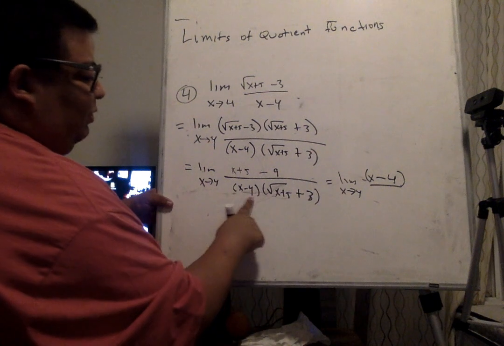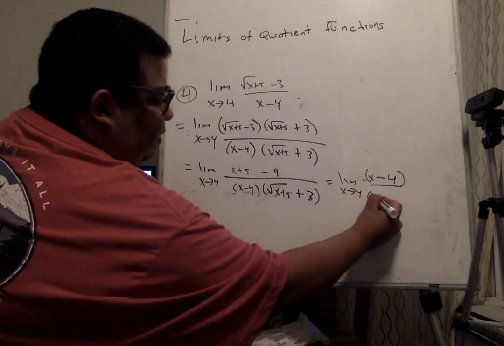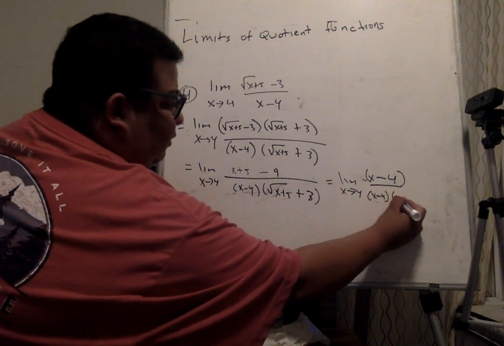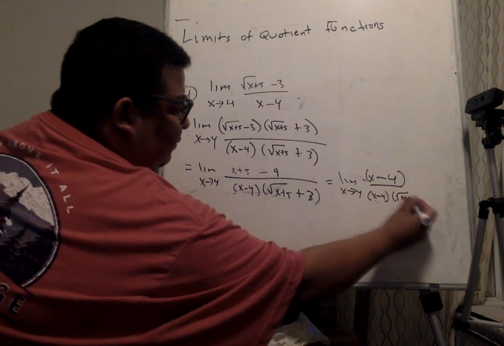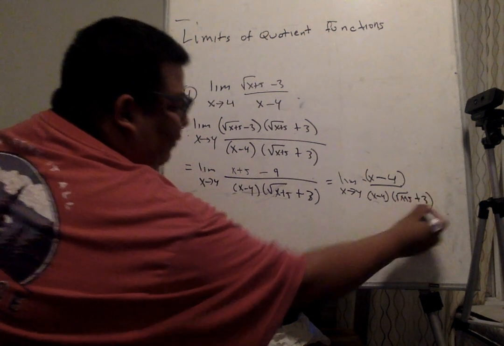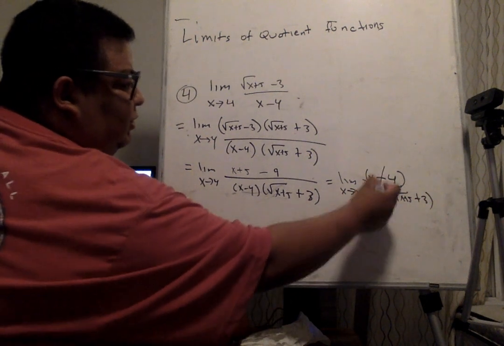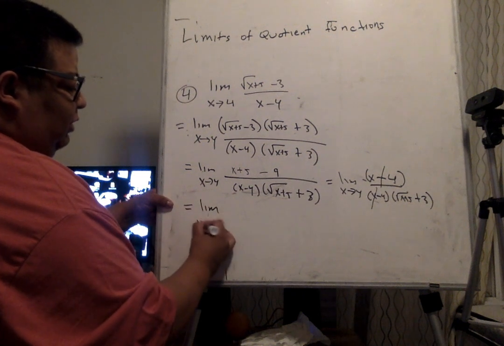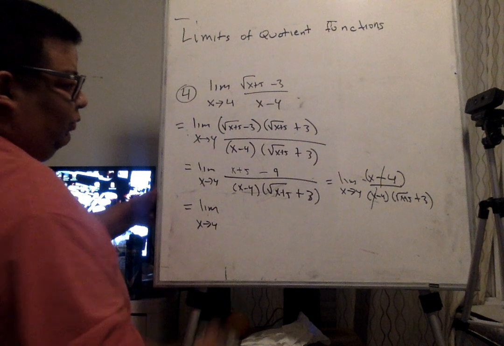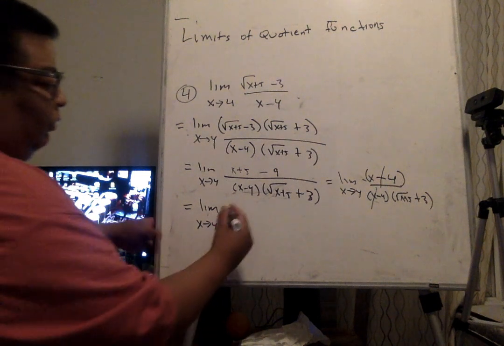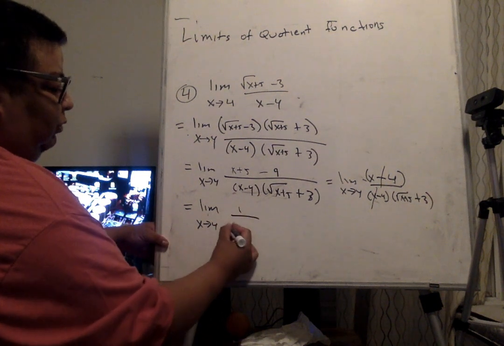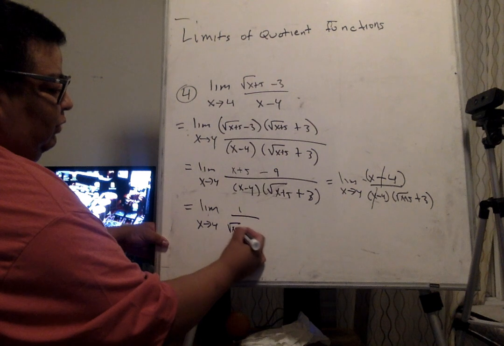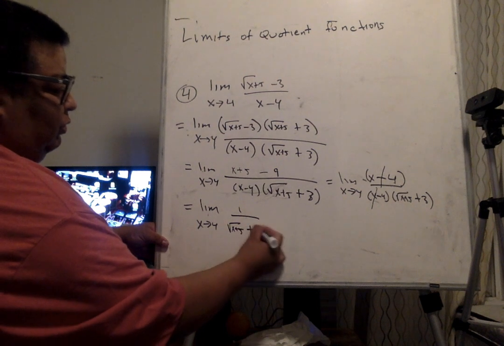Notice we have an x minus 4 here, so we can cancel it out. x minus 4 over square root of x plus 5 plus 3. So this cancels, so we're left with limit as x approaches 4 of 1 over square root of x plus 5 plus 3.